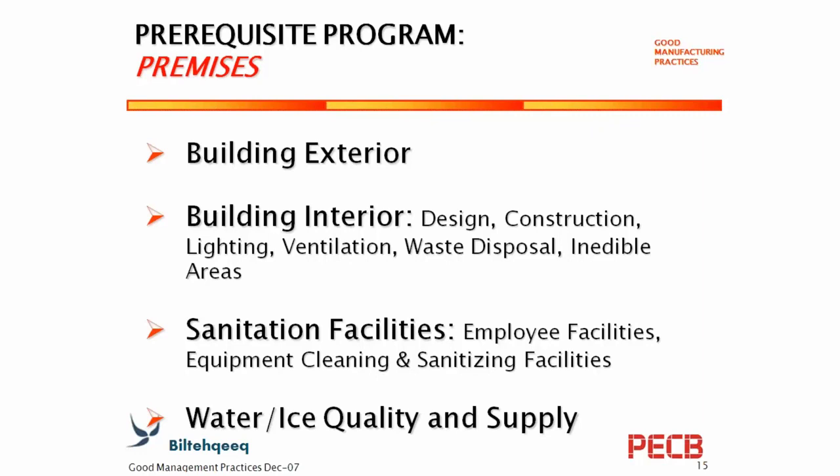Because if we talk about the lighting, in any industry, lights can be open, but when you are installing lights in the food plants, they should be covered. And the same way, the ventilation.